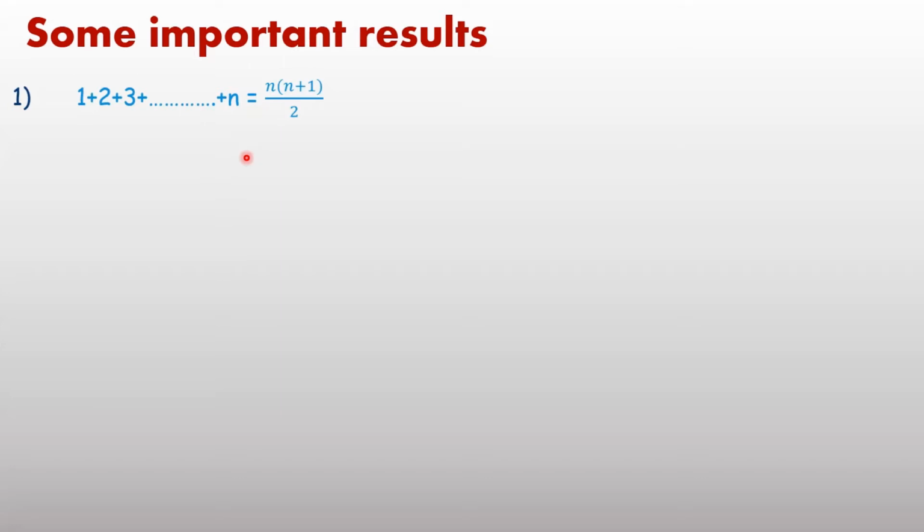The sum of the first n natural numbers. We should know this identity: the sum of the first n natural numbers is n(n+1)/2.